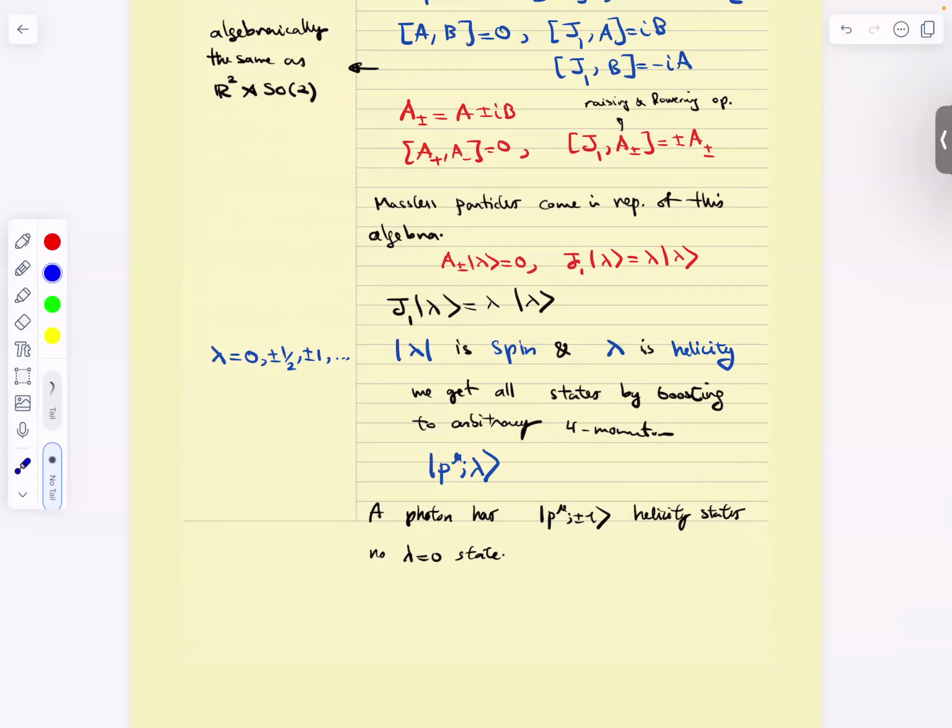Exactly. If the particles are distinguishable, it's simple. If they're indistinguishable, depending on whether they're fermions or bosons, you have to symmetrize or anti-symmetrize them.